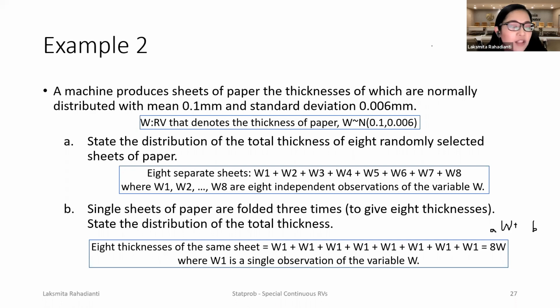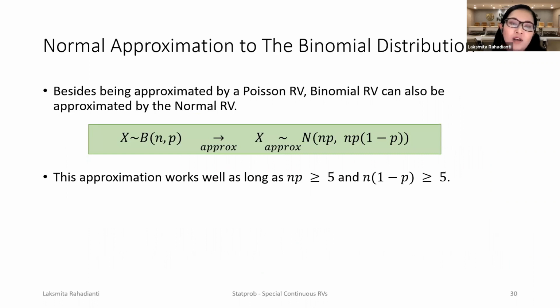Other than that, the normal random variable is also quite useful for us to compute other things. Remember when we tried to approximate the binomial distribution? We already tried to approximate it using Poisson, right? So it is possible to approximate the binomial distribution using a Poisson random variable if it fulfills certain criteria.